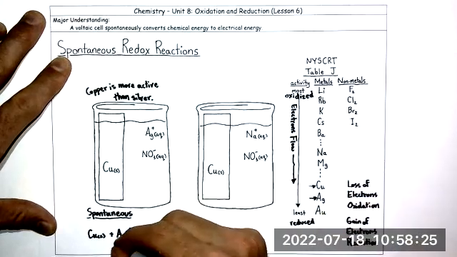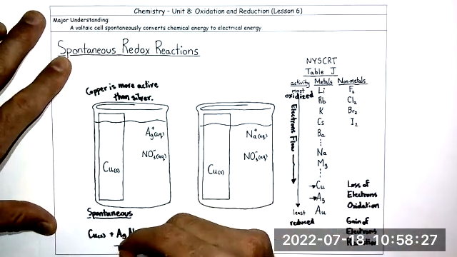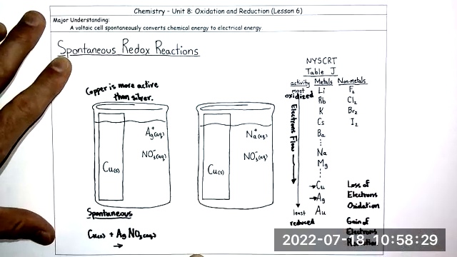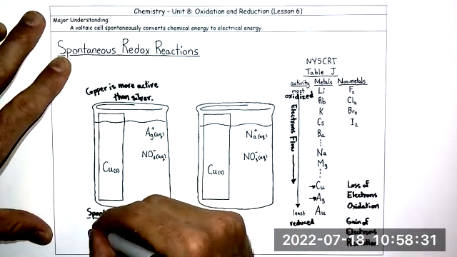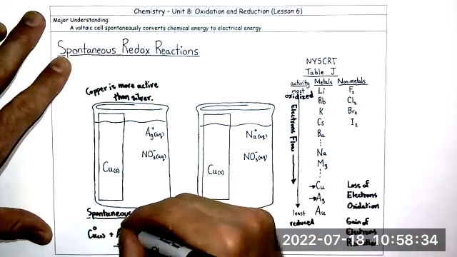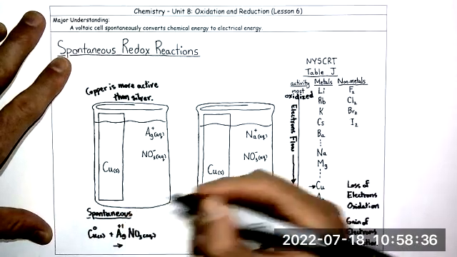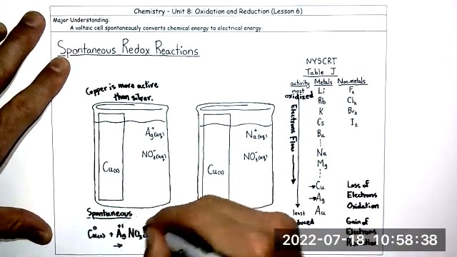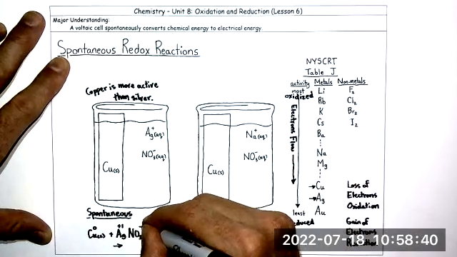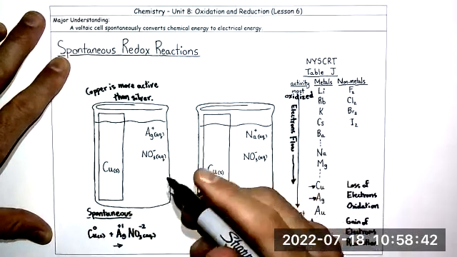Okay, and when they react, copper has an oxidation state here of 0. Silver has an oxidation state of +1, so it's only oxidation state. Oxygen has a -2 oxidation state, its only oxidation state.